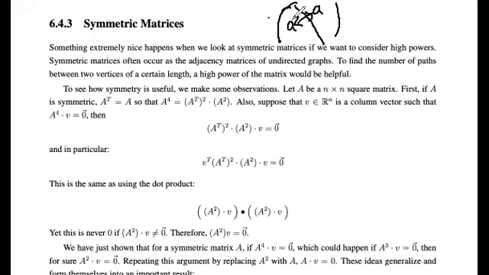Another way of saying this is that if you switch your rows to be columns and vice versa, that would be taking its transpose. So A transpose is equal to A. That's another way of saying that a matrix is symmetric.